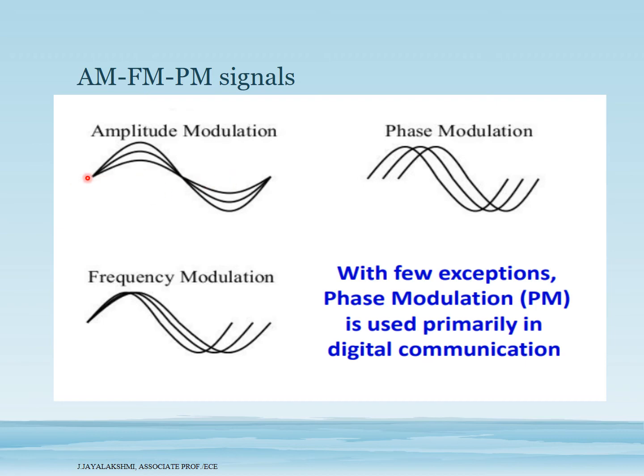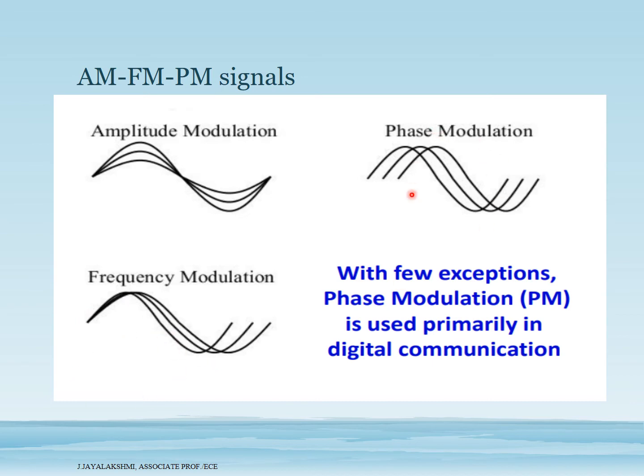You can see the frequency, all the signals are maintained in the same time slot, and you can see the phase, all the 3 signals are maintained in the same phase. Okay. And of course, coming to the frequency modulation, amplitude is maintained constant, phase is also maintained constant, your frequency is varied.